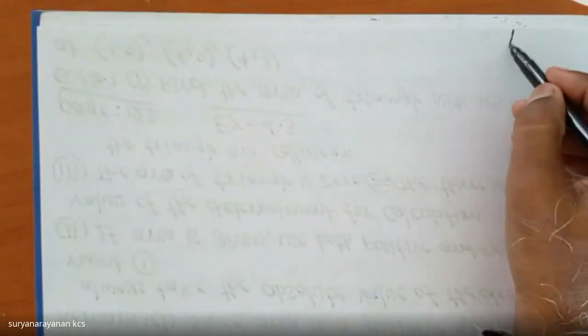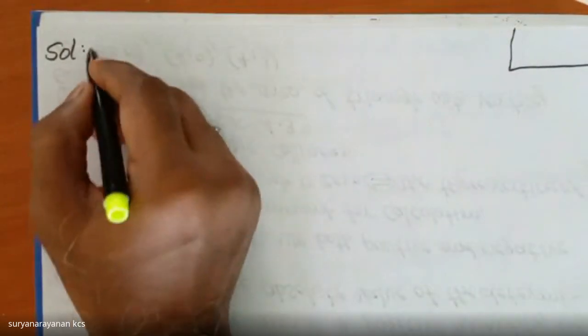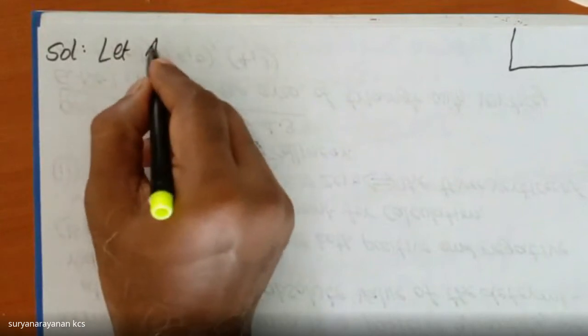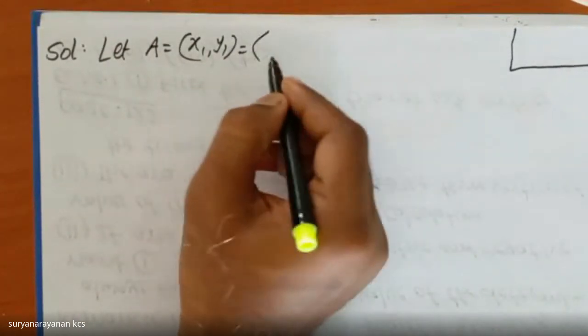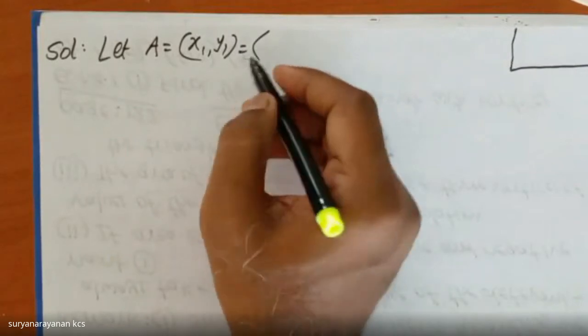For our convenience, let us consider the given points are A, B and C. Let A be (x1, y1), that is the first ordered pair, (1, 0).